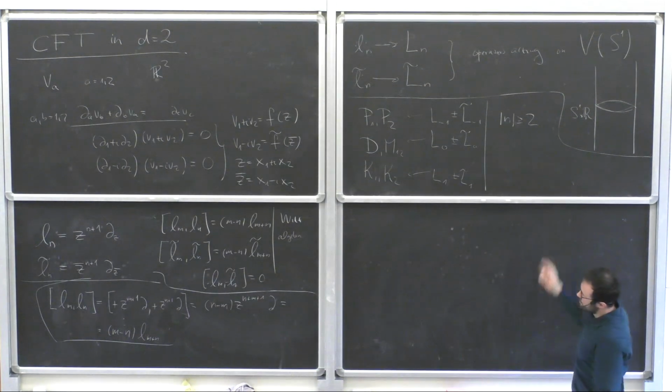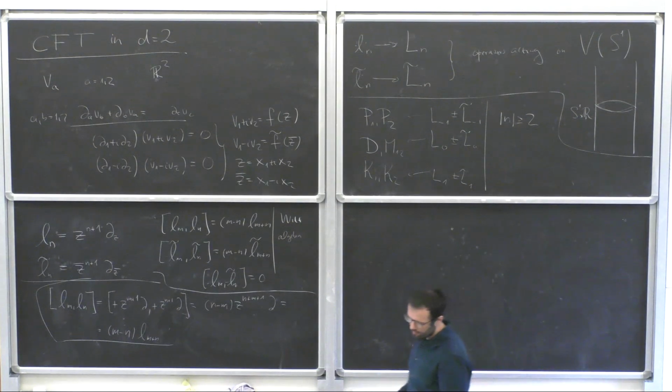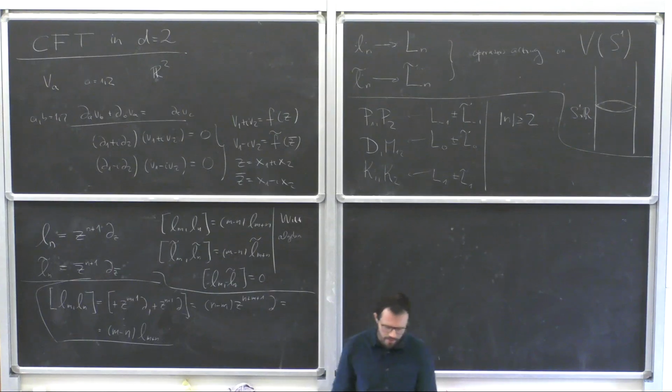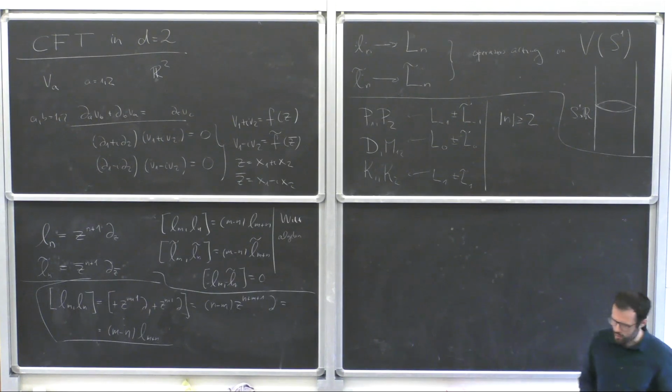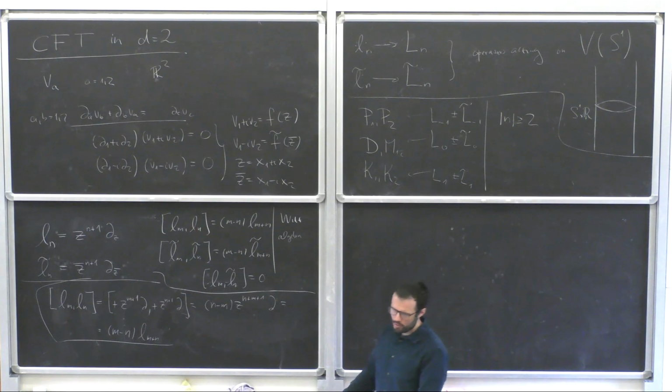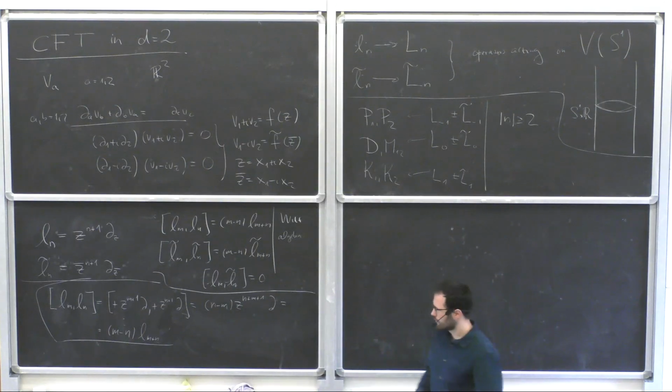And here comes a subtle point, which we didn't have to deal with in higher dimensions, which is that in quantum theory, the representation of physical symmetries on a Hilbert space does not have to be a genuine representation, but it can be a projective representation.